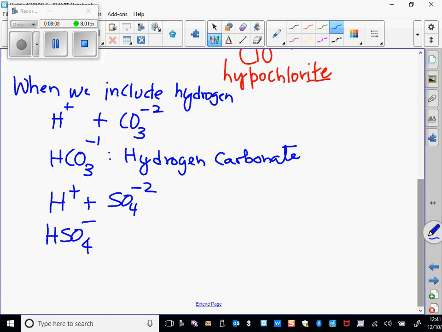It becomes hydrogen sulfate. Is that easy to remember? Once I know sulfate, I can write hydrogen sulfate. If I know carbonate, I know to write hydrogen carbonate.